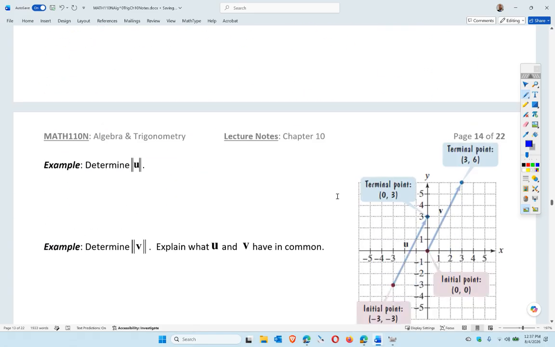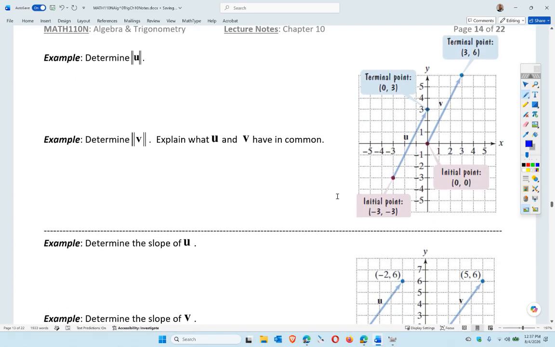There are ways to calculate magnitude and direction. One is the distance formula. So we can do a little math here.